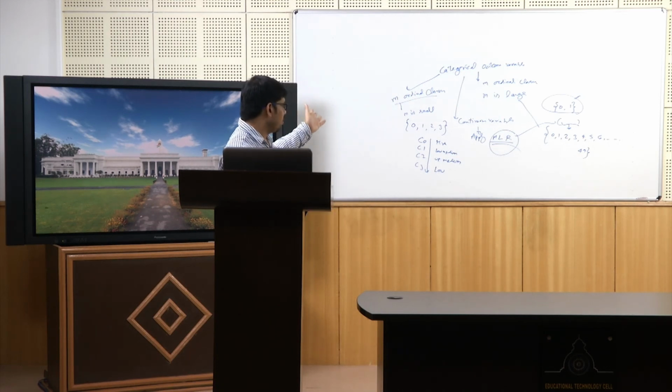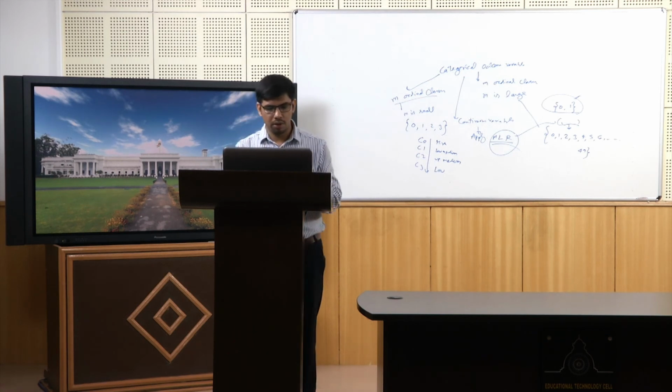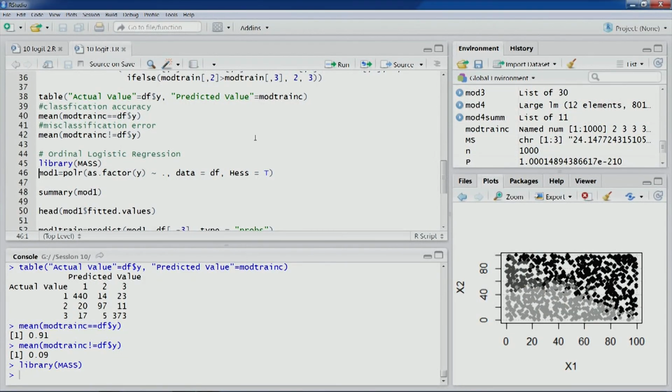So what we'll do is an exercise for the scenario where we have to apply ordinal logistic regression, the cumulative probabilities method, the cumulative logit method. For this we need the package MASS. So let's load this particular library, and we have polr as the function for this.